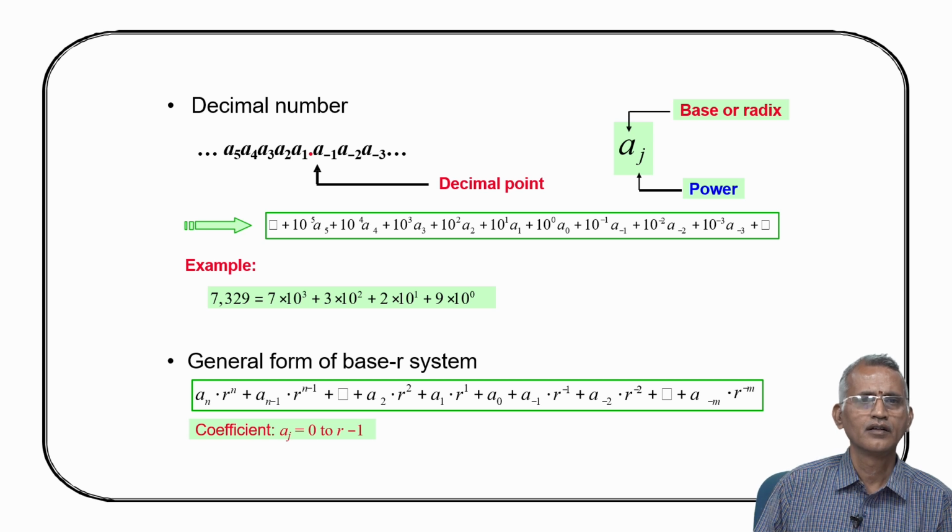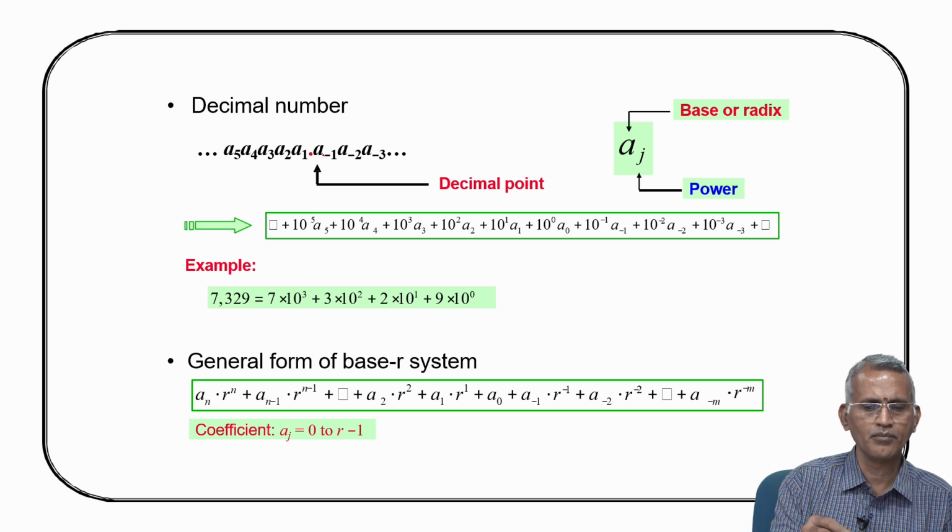Now, we are going to discuss decimal numbers. Suppose we have a number like A5, A4, A3, A2, A1 dot A suffix minus 1, A suffix minus 2, A suffix minus 3 and so on.